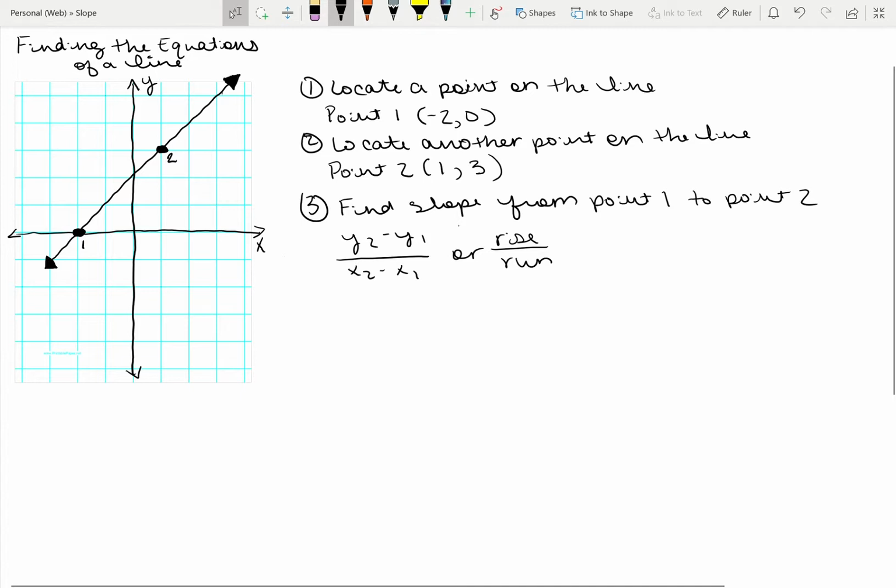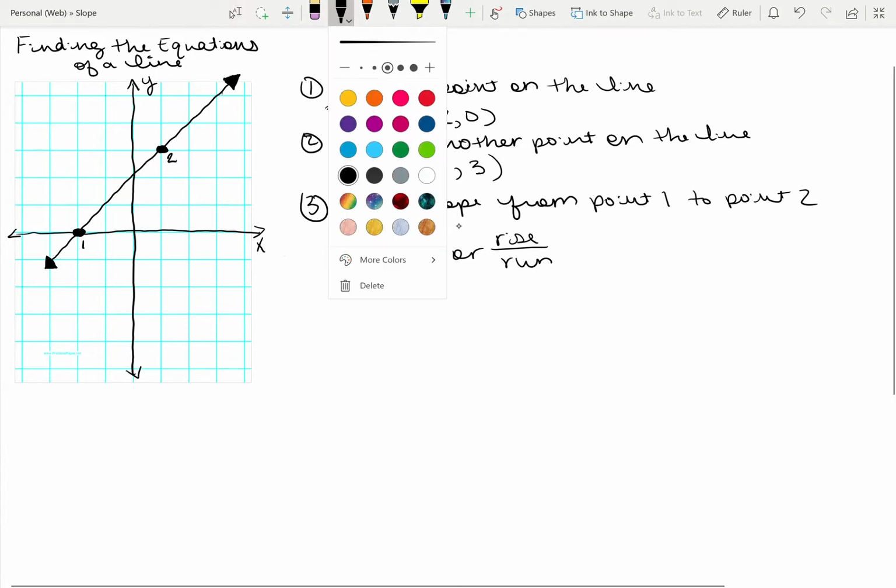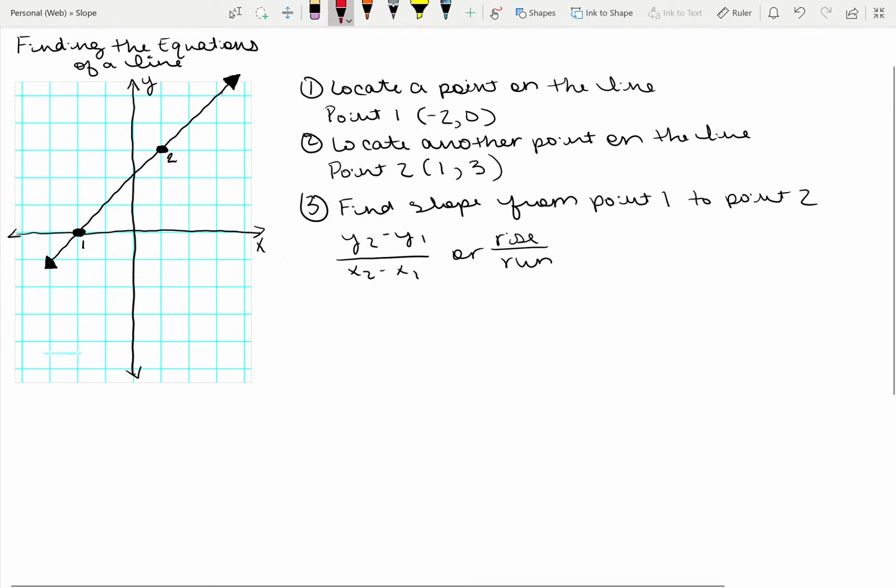Okay, so I'm going to use rise over run and find my slope that way.